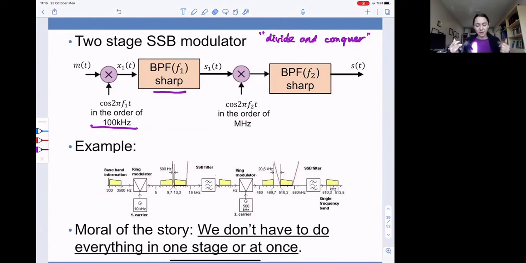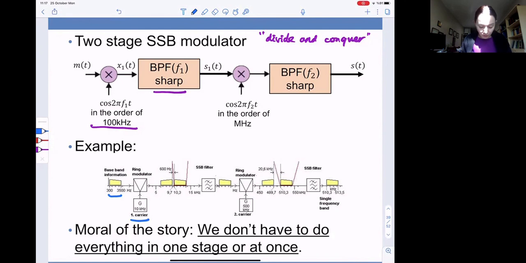Why does it have a DC null built in? Let's look at this picture. So suppose this is the baseband signal. This is just like voice or music or something. It's between 300 to 3,500 hertz. First of all, use a 10 kilohertz carrier, bring it to 10 kilohertz.